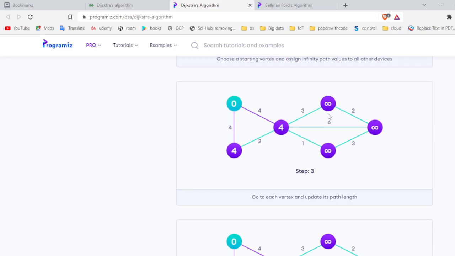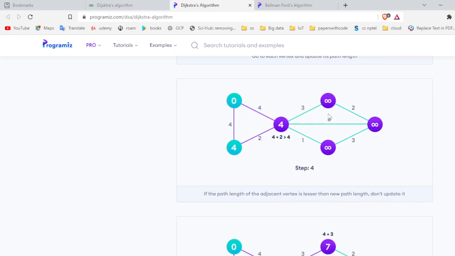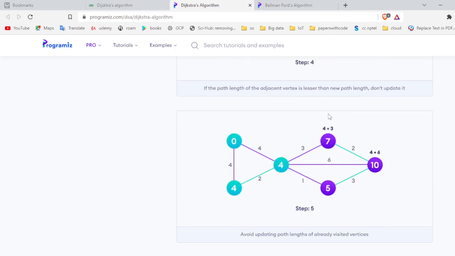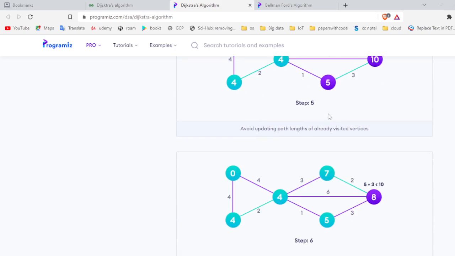And step 3, go to each vertex and update its path length. If the path length of the adjacent vertex is lesser than the new path, then don't update. So we should keep the minimum possible. And then avoid updating path lengths of already visited vertices. So we select not visited vertices and keep on updating their path length, which is minimum.